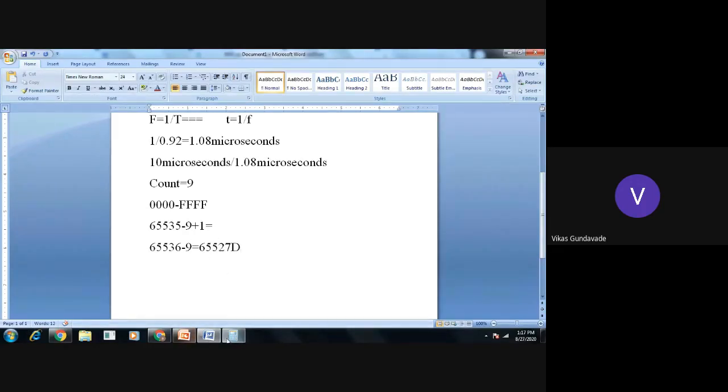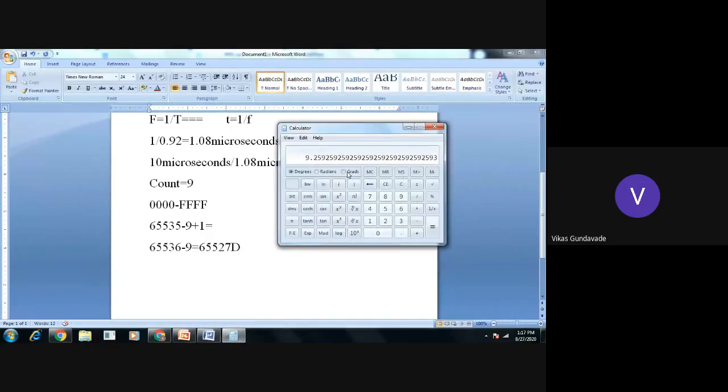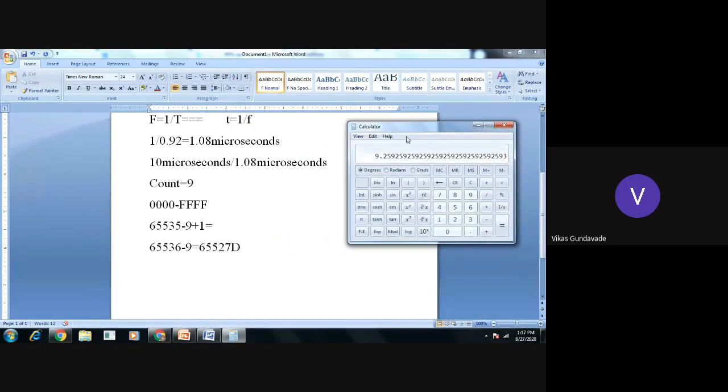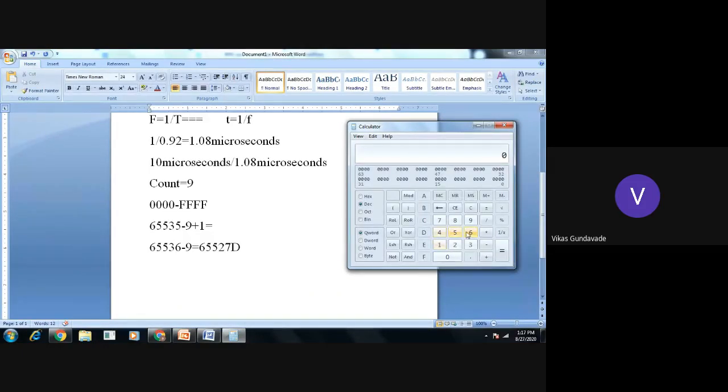For the hex conversion, I'm taking the programmer window. The count is 65527. When it is converted into hex, the value is FFF7.